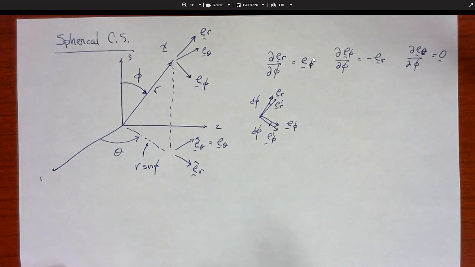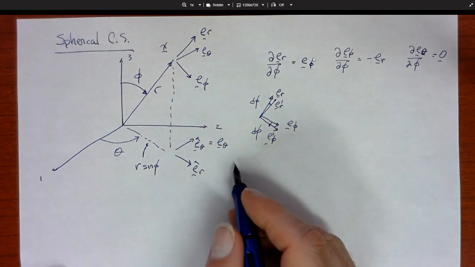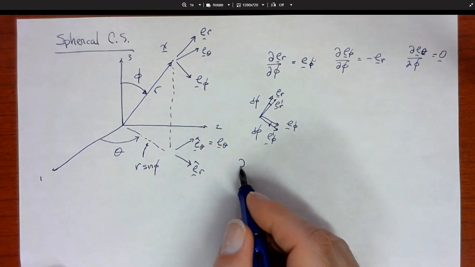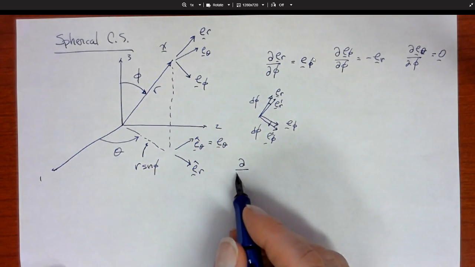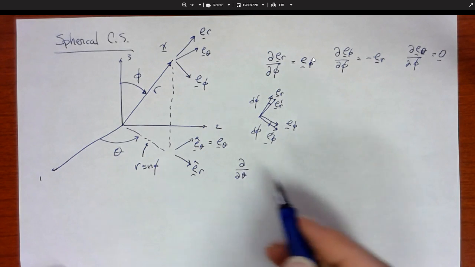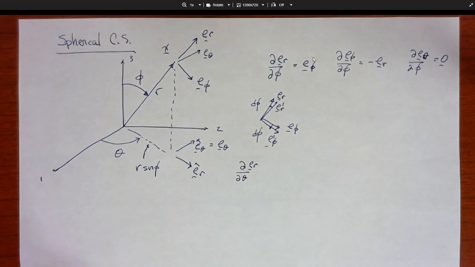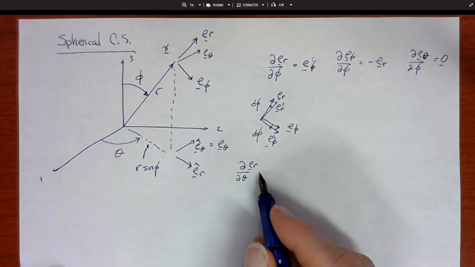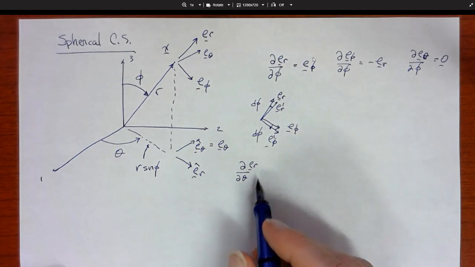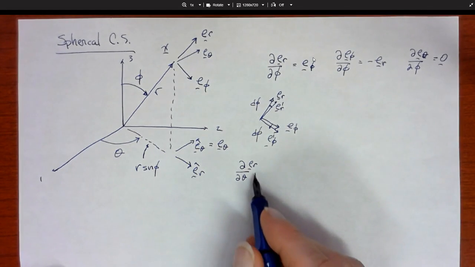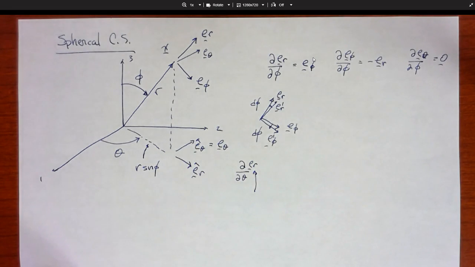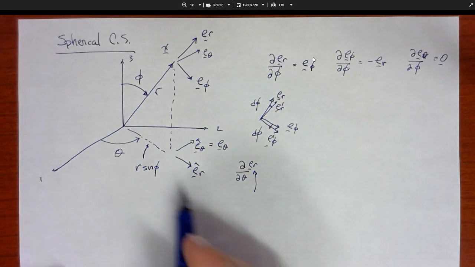Now, we also need to find these with respect to the coordinate theta. So you could do ER as we change theta. Now here it's a little bit trickier. So what I want to do here is substitute in for ER, and you'll see why in a second. I'm going to use this hat system.